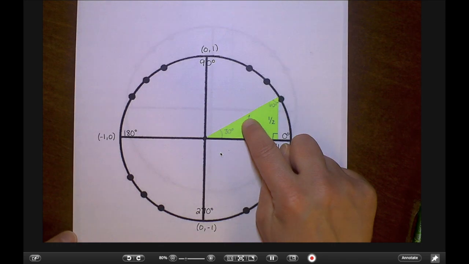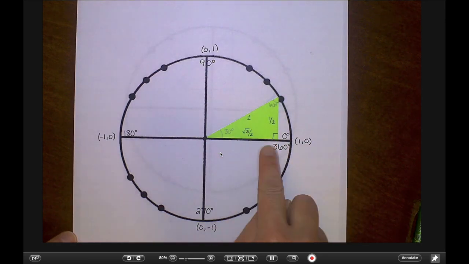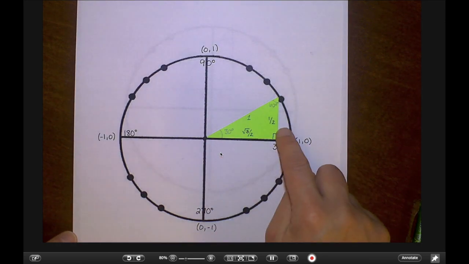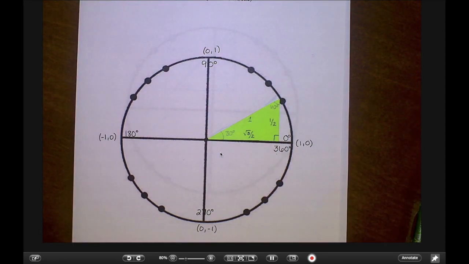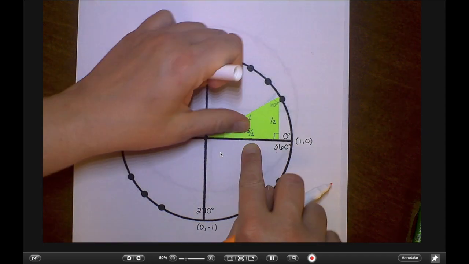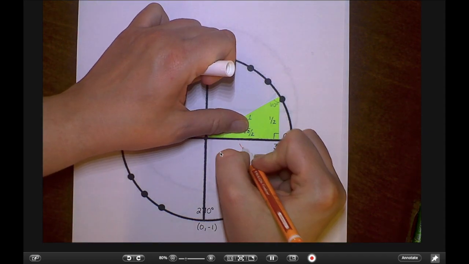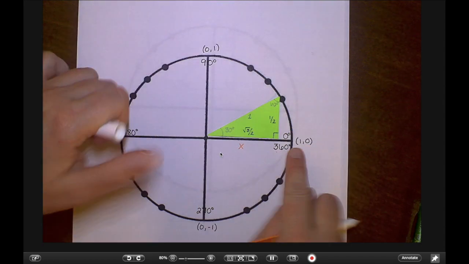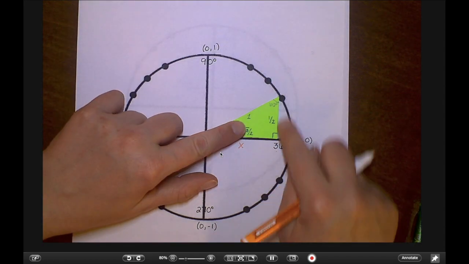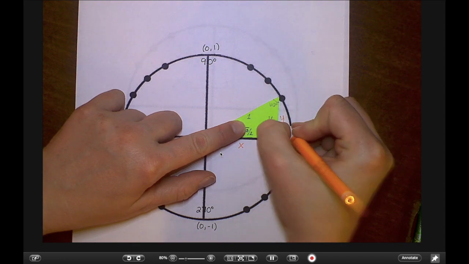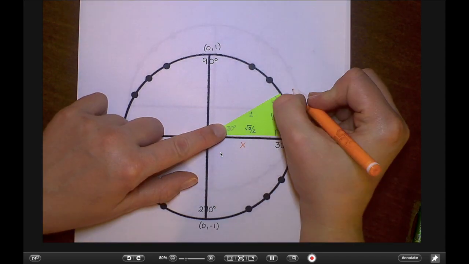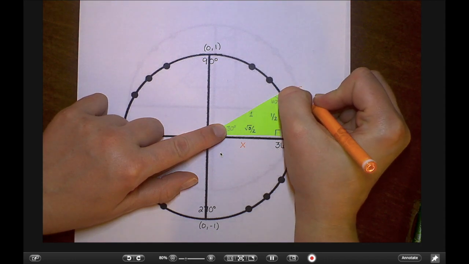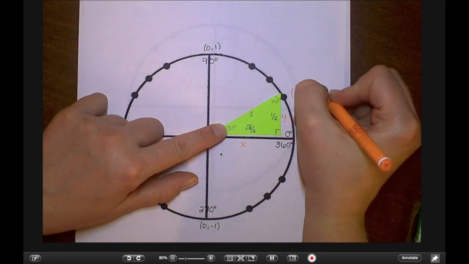And then what you'll notice is the length of this side is square root of 3 over 2, and the length of this side is 1/2. Well, if we go back to thinking about this thing as being part of a coordinate plane, this value down here is really my x value, right? Because that's my left-right distance. And then this value here is my y value. So if I want the coordinates of this point right here, it's going to be square root of 3 over 2, comma, 1/2.